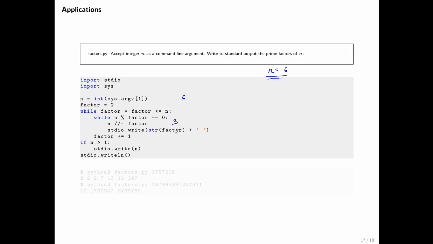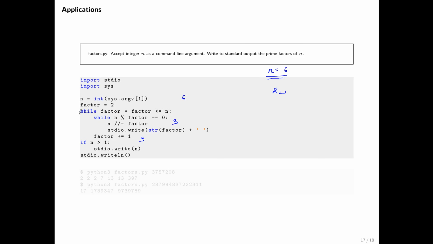And we print factor out, which is 2 space. And then we check, is 3, which is the current value of n, evenly divisible by 2? Well, it's not, so we're outside the inner while loop, and factor now becomes the next value, which is 3. And then we check here, is 3 times 3 less than or equal to the current value of n, which is 3? So is 9 less than or equal to 3?